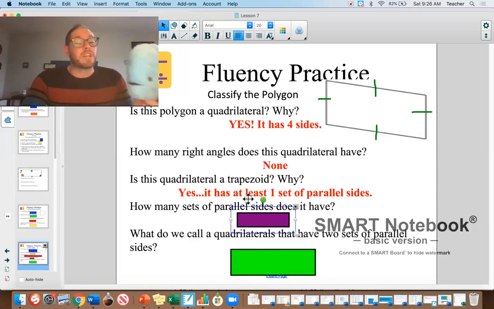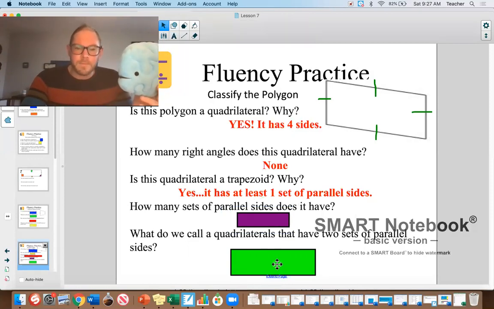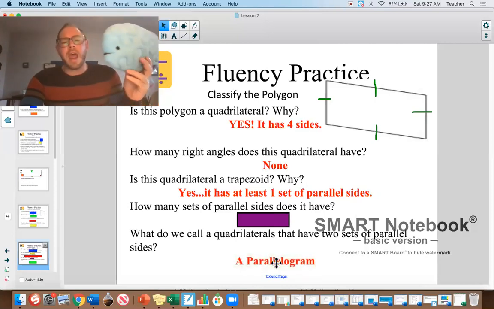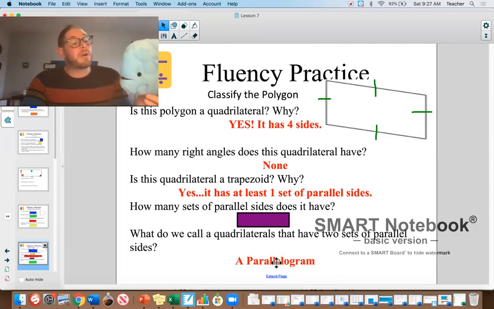Remember, it's got a special name. A parallelogram! You're right, and the word parallel is even in the word parallelogram. So we can use that to remember that a parallelogram always has two sets of parallel sides.